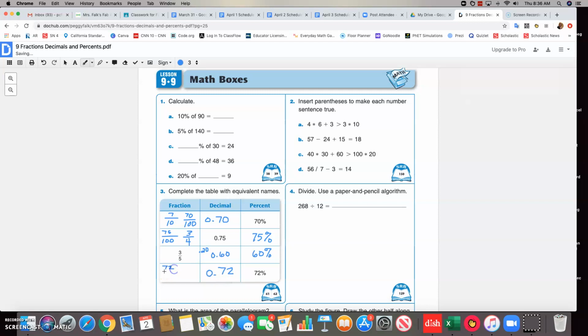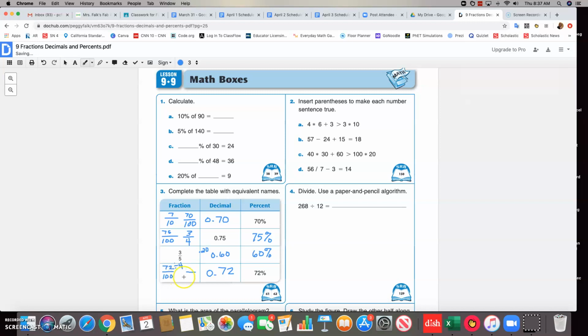72 over 100. Now I know I can reduce that because they're both even numbers. But I'm going to try and think, what's the biggest number I can divide both of these by? Let's see, I think it's 4. I'm going to divide them both by 4.